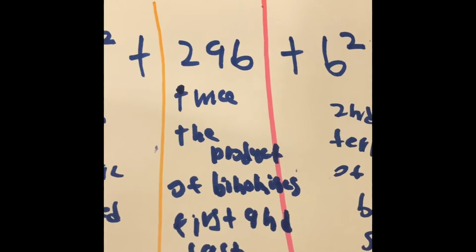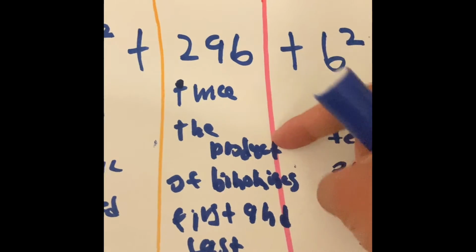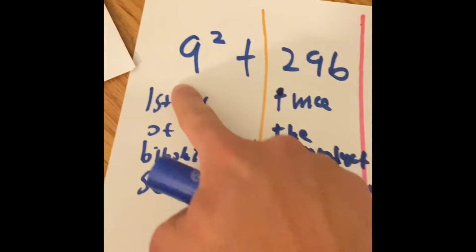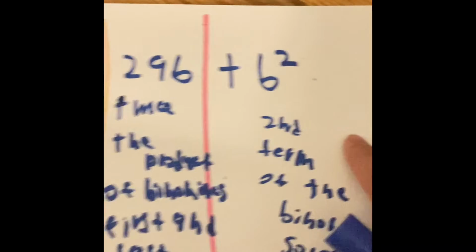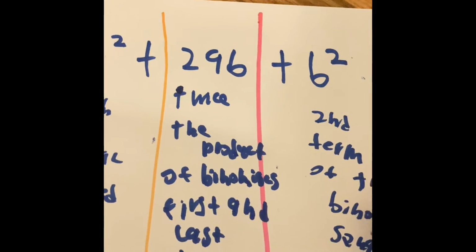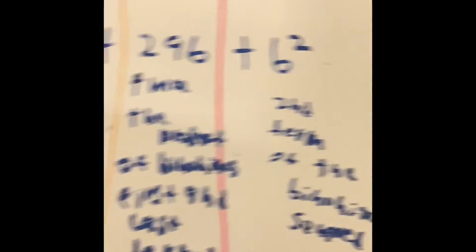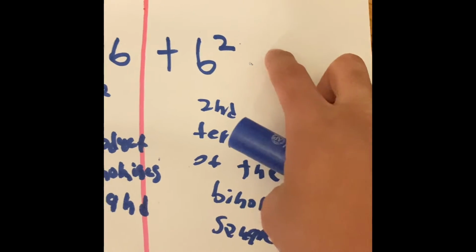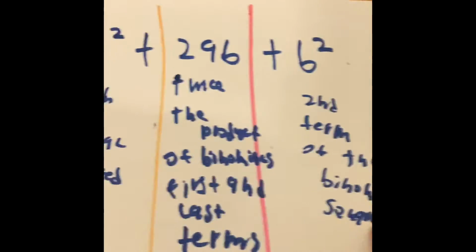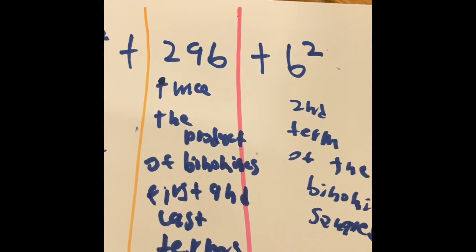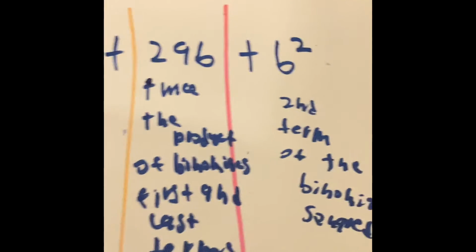That means twice the product of the first and the last term. But actually, that is the last step we are going to do, because the b squared is also needed to help get to the 2ab part. So let's move on to the b squared and come back.